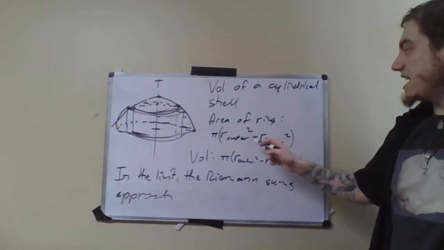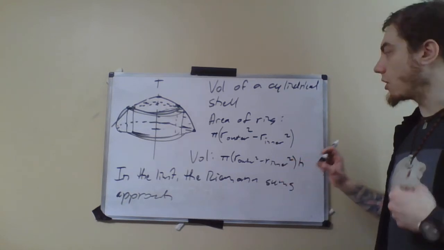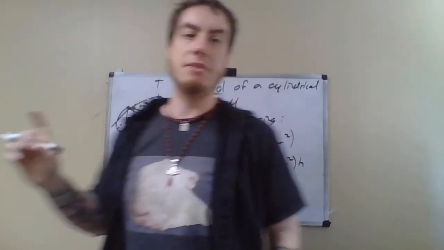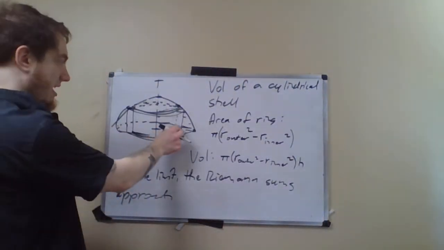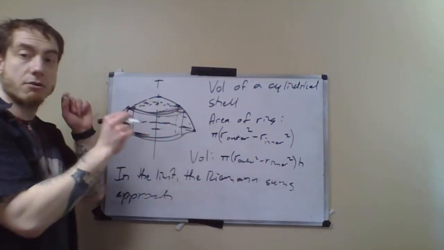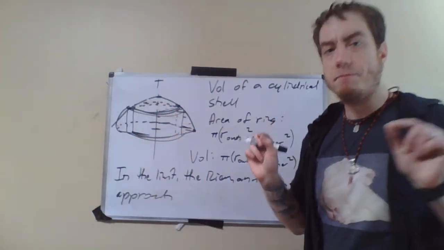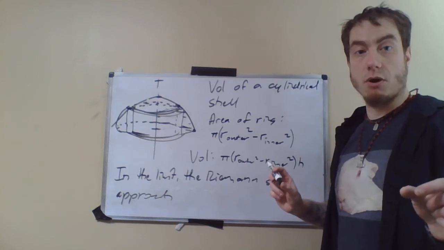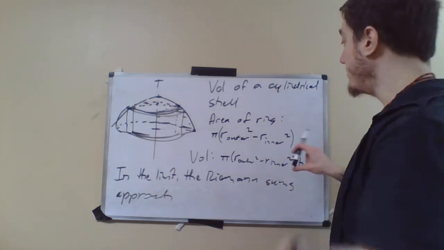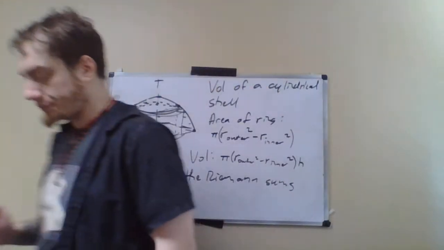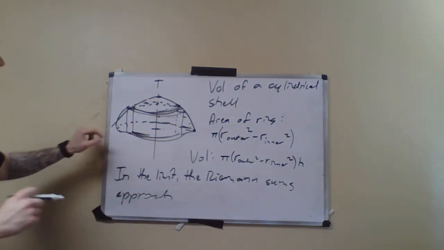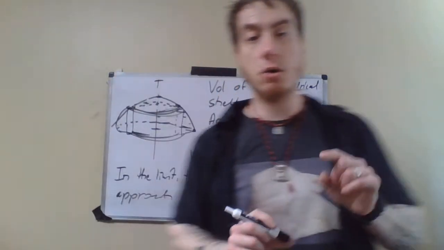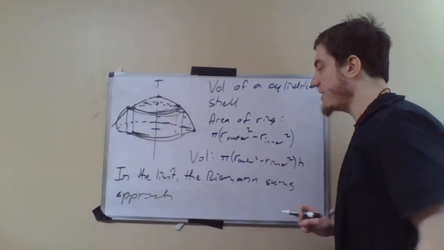It doesn't just remain as r outer squared minus r inner squared. What it really approaches is 2 pi times the radius, because in the limit, as these cylindrical shells get thinner and thinner, the difference between the outer and the inner radius is going to approach 0. But we are multiplying by one of these widths here. So it turns into a derivative with respect to r.